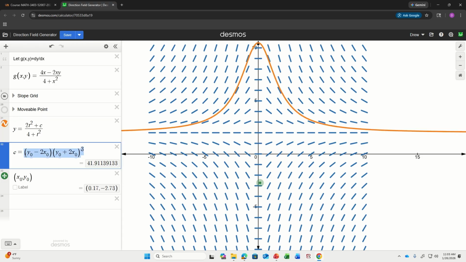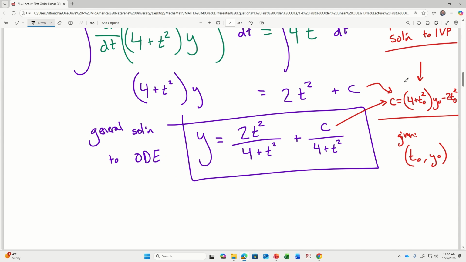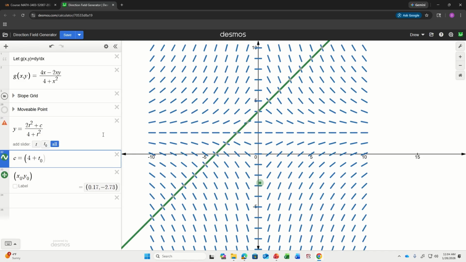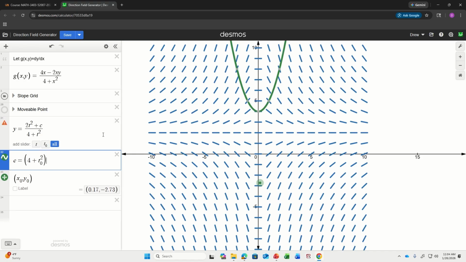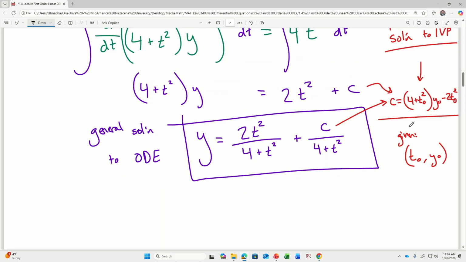And to pick a value of c, I need 4 plus t0 squared times y0 minus 2t0 squared. Nope, that's not right. Minus 2t0 squared.